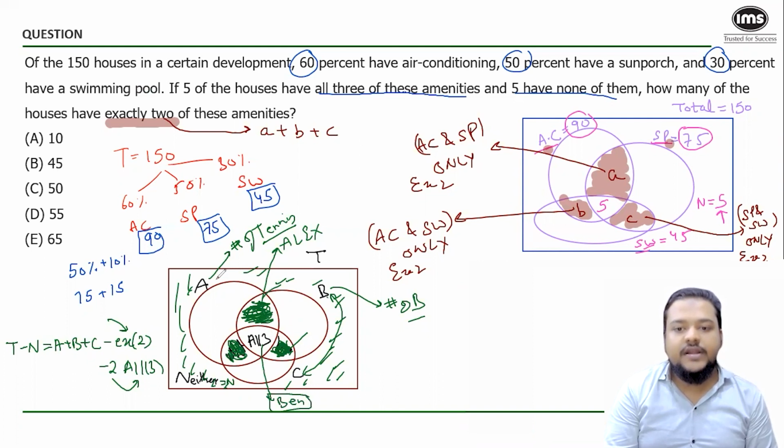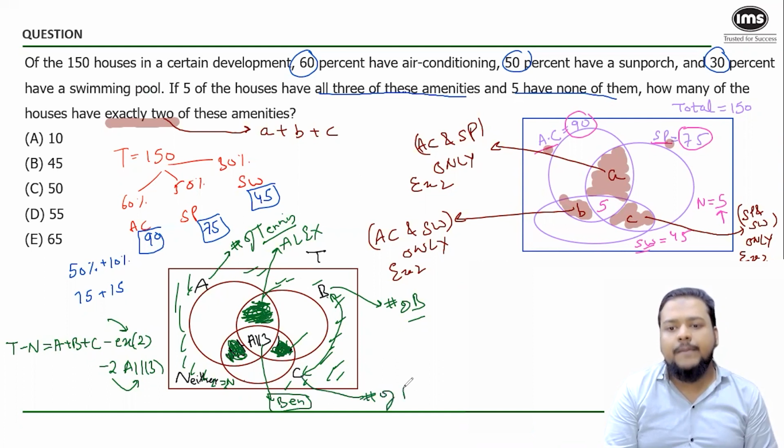When I counted the total number of tennis players plus the total number of basketball players plus the number of badminton players, I counted Ben as three different Bens, Ben plus Ben plus Ben.